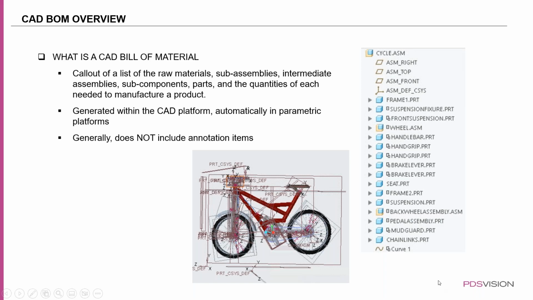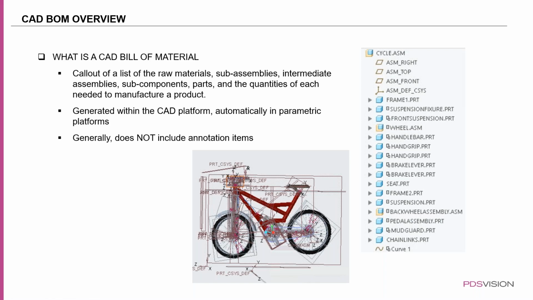This CAD BOM is usually the actual CAD assembly coming out of a CAD application such as Creo or Pro. This generally represents a list of raw material, sub-assemblies, or quantities even, needed to manufacture a product based on its drawing.